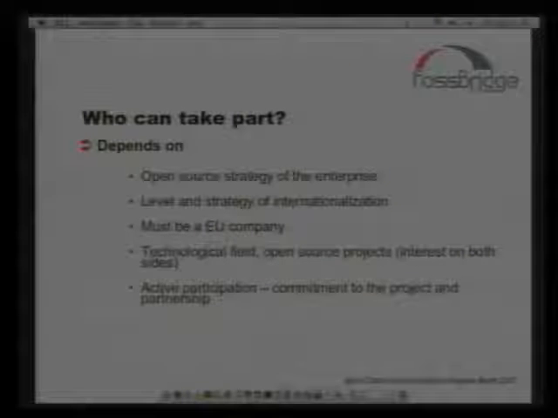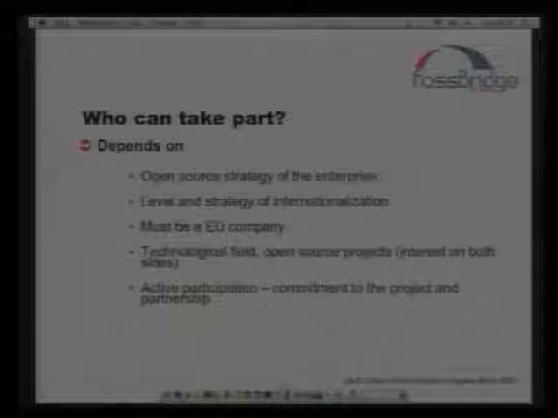Who can take part? It depends on the open source strategy of the enterprise, so it has to be a FOSS company. If you use some non-open source software, it's okay, but the main part should be free and open source software. Also the question of level and strategy of internationalization.